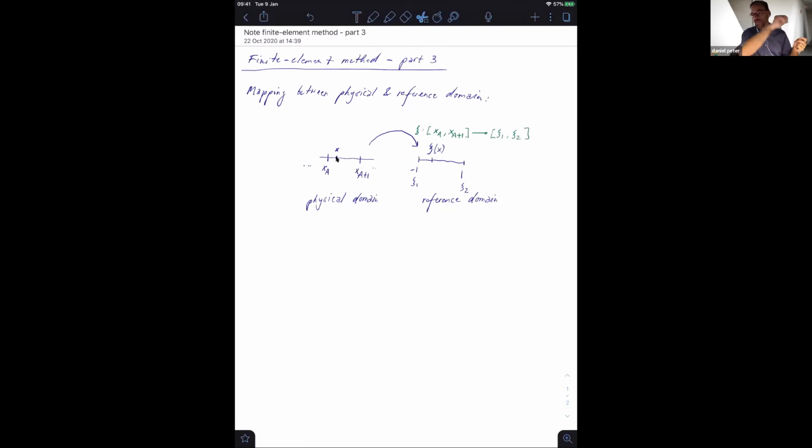And now we're going to map that within that finite element to a reference element, which is in our reference domain. And there the position is then xi. So we basically want to have a mapping where we map X to position xi in the reference element.